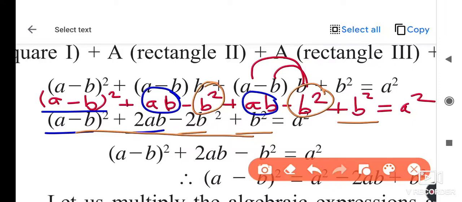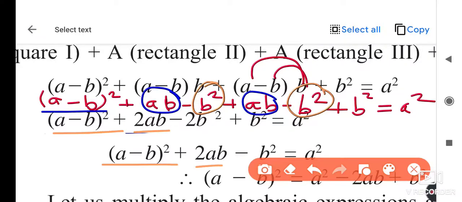Then the next step, now I am going to rub this. (a minus b) square is written here as it is, 2ab written here as it is, and minus 2b square plus 1b square, both subtraction. Here no number is there, so 1 is there. So 2 minus 1 is equal to 1, and b square remains here as it is.